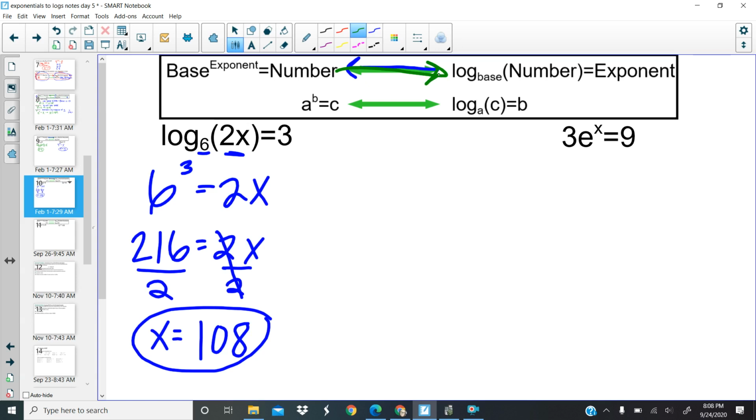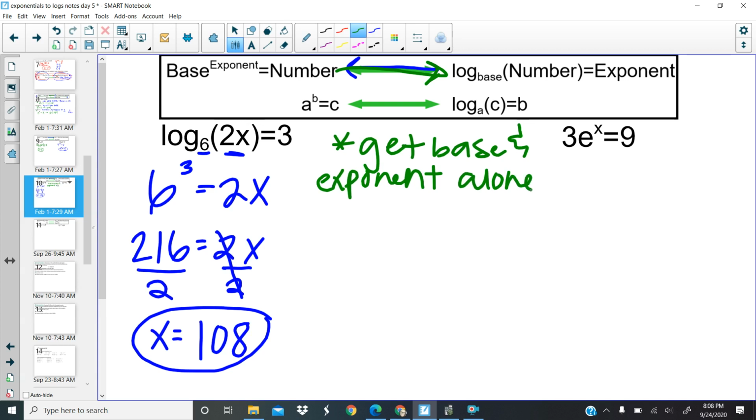And then I want to say, before changing it into logarithmic form, get the base and the exponent by itself. So get base and exponent alone before changing the form.